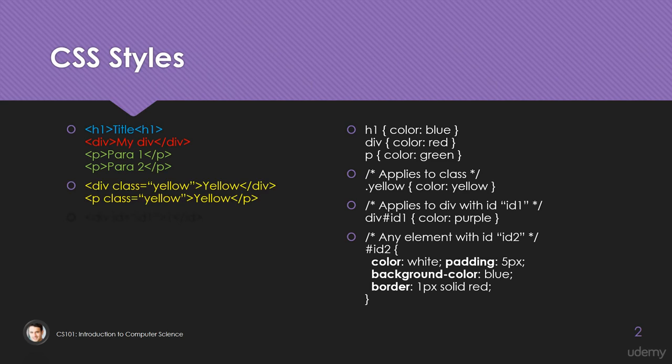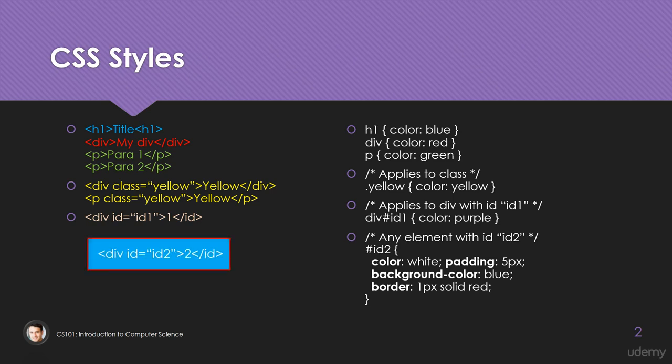And then if we applied a class to those HTML tags, like a div and a p, because we're applying the yellow class to it, that div and that p paragraph are going to be colored yellow. Now I'm going to have a div ID equal to ID1. So this is going to match that third rule, which is the color purple. Obviously, this is not the color purple, but the idea is that if you had a div with an ID ID1, it would be colored purple.